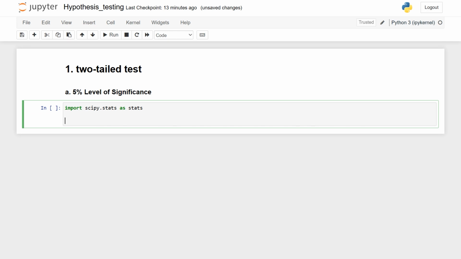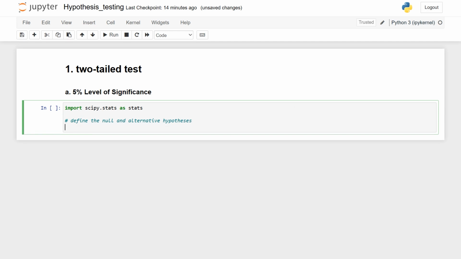The next step is to define the null and alternative hypotheses. The null hypothesis mean is equal to 1570 hours.